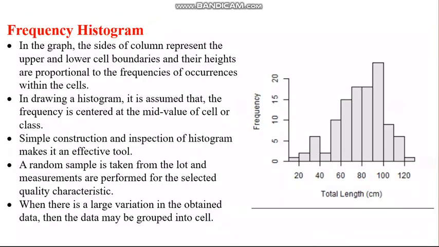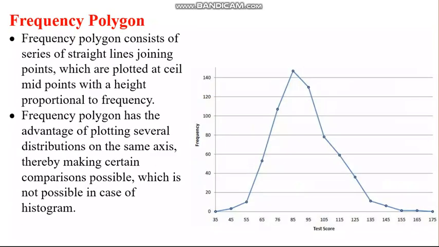The disadvantage of the histogram is that only one type of data can be plotted in one chart, whereas here you can plot many, because the bars are not there, only one line. These data points are assumed to be at the center of the classes.